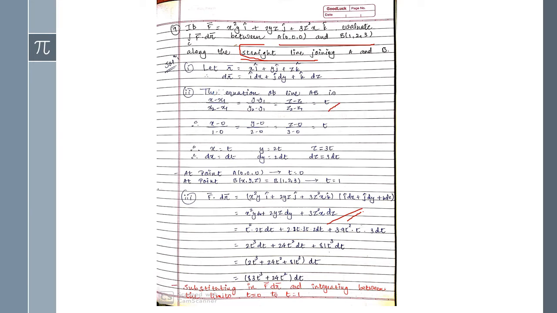These equations we already learned in our past, right? Now these both points are given: x1, y1, z1, x2, y2 and z2. So just putting these both points in these equations and comparing with t, we get x equals t, y equals 2t and z equals 3t.